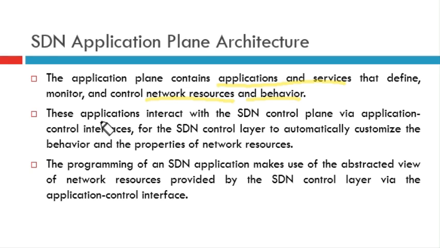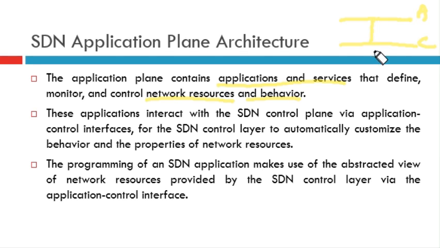Then students, these applications in the application plane interact with the SDN control plane via application control interfaces. Again, these application control interfaces we are going to discuss in the future slides, but make sure that the interface between your application plane and your control plane is the northbound interface.